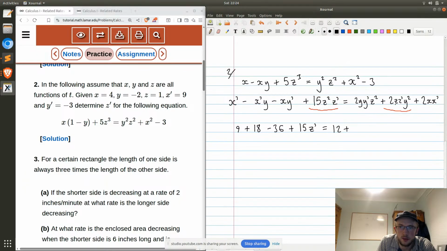Plus, what's 2zy squared? 2 times 4, so 8. And then here, 2 times 4 times 9, which is 72. And check it out. I'm missing z prime.